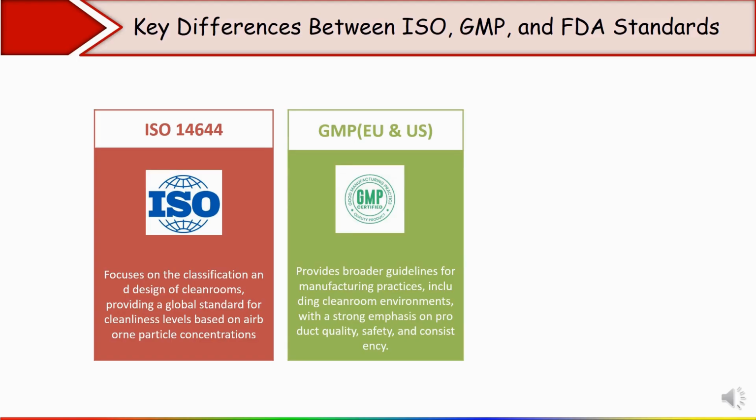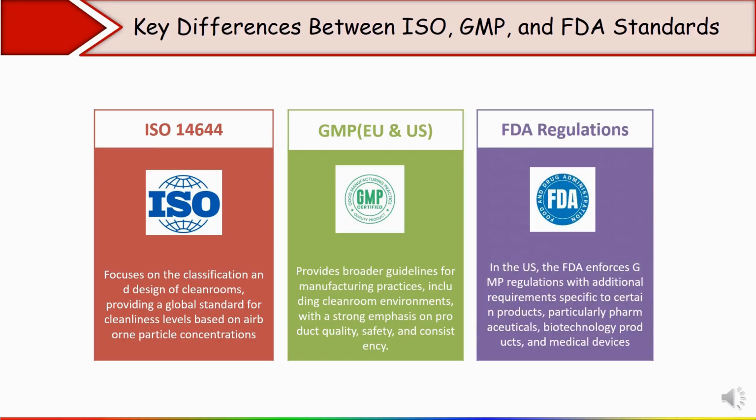And GMP, European or United States, both provide broader guidelines for manufacturing practices, including clean room environments, with a strong emphasis on product quality, safety and consistency. GMP is legally enforceable and often industry specific.